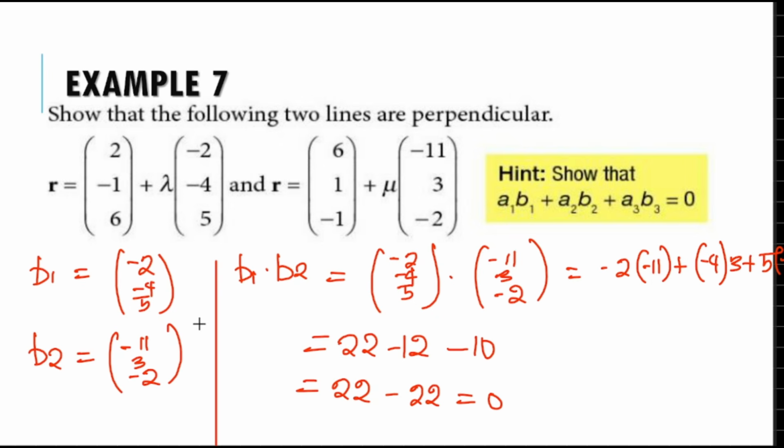So it satisfies the condition. Remember that when two lines are perpendicular, their dot product equals 0. So we check that b1 dot b2 equals 0. So b1 is perpendicular to b2, or the lines are perpendicular. Let's use r instead: r1 is perpendicular to r2.